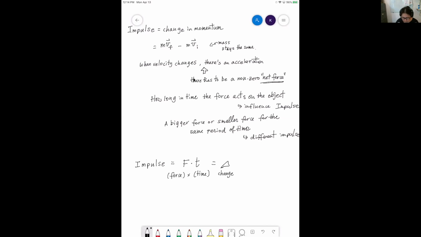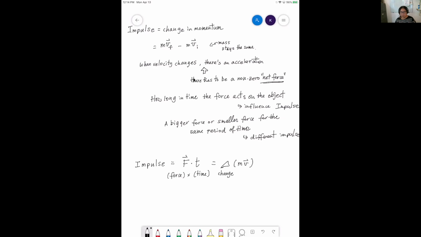It represents the change in momentum. So this is the definition of impulse. Impulse describes the change in momentum, and also it describes how long the force is applied, force times time.